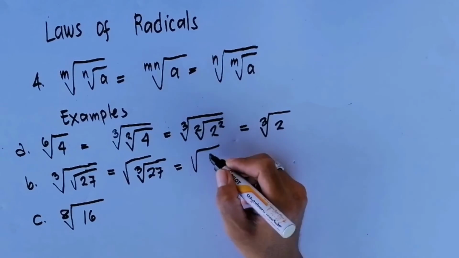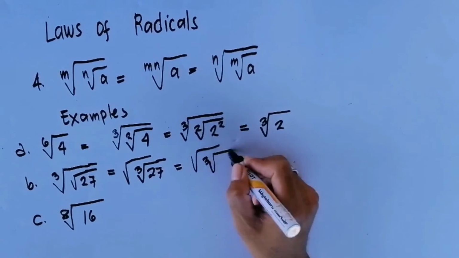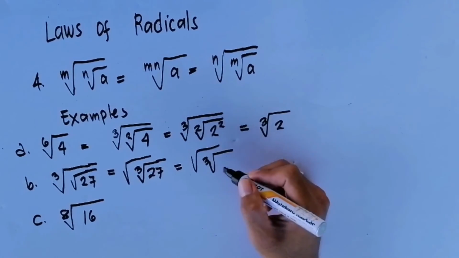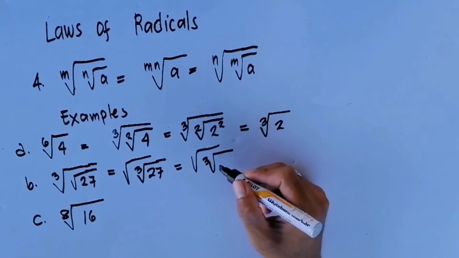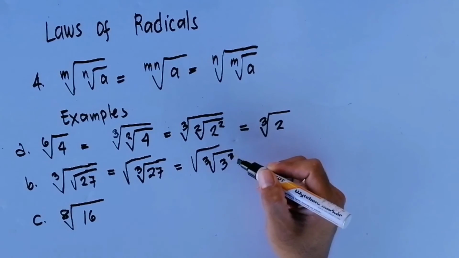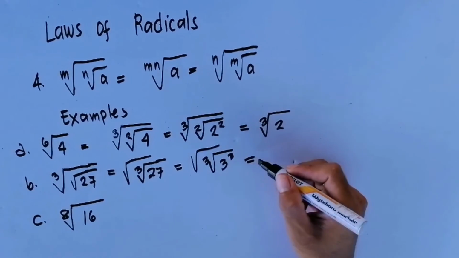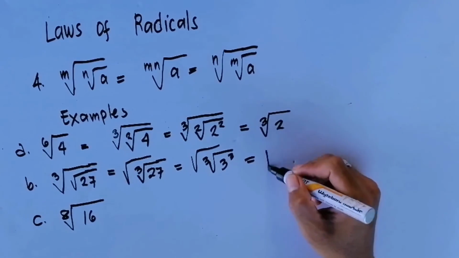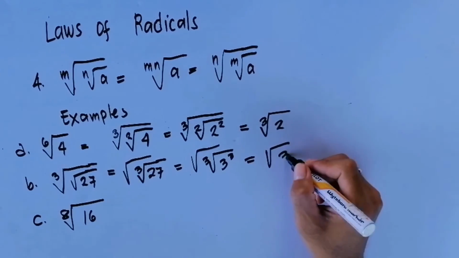So the square root of the cube root of 27, we can write that as the square root of 3 raised to 3. So that is equal to the square root of 3.